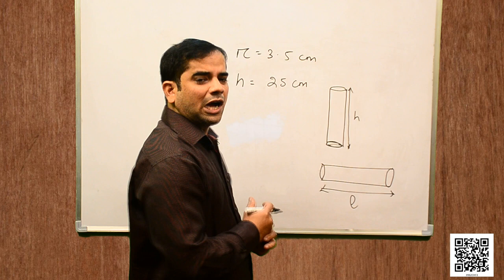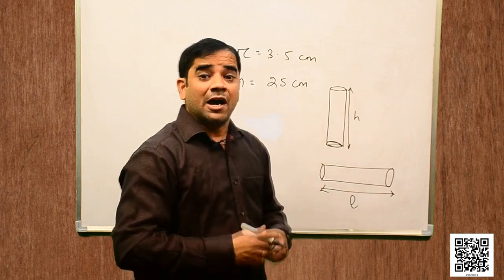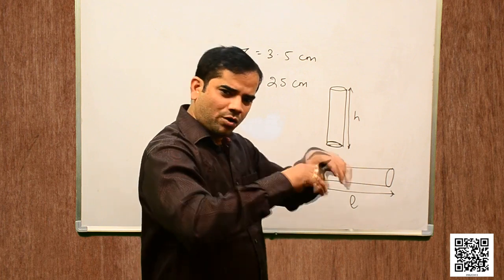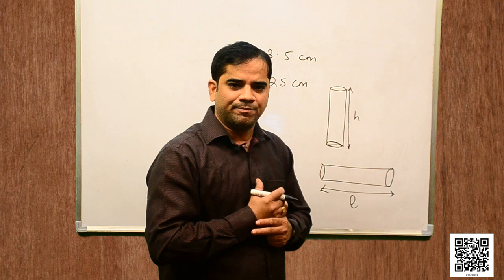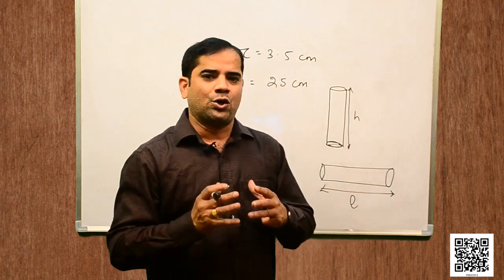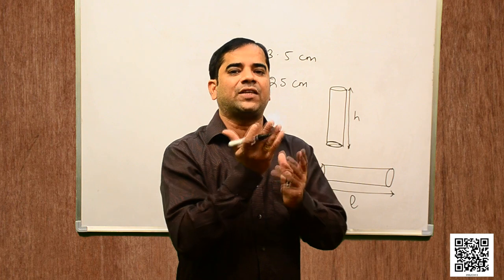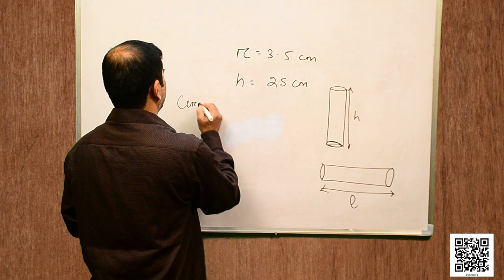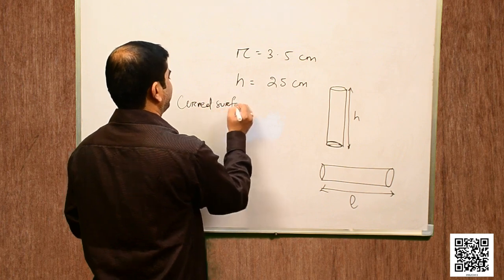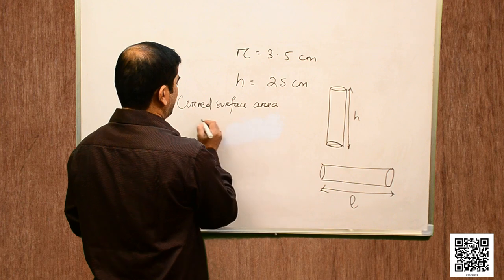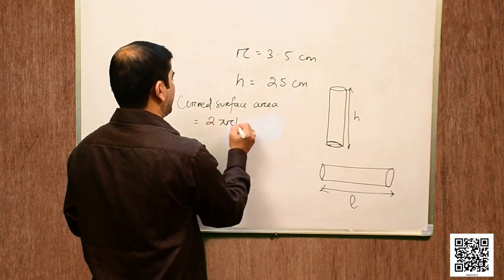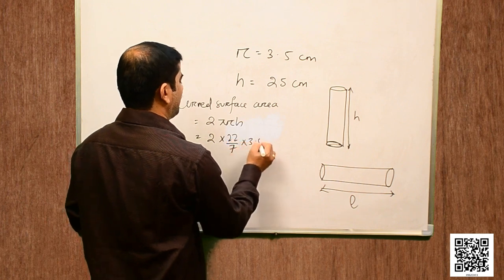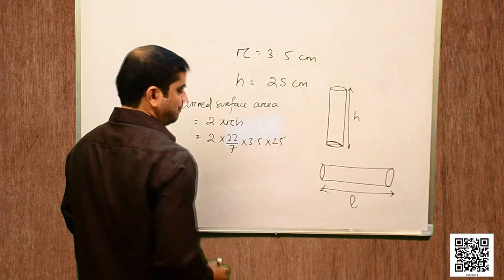Now the question demands the requirement of chart paper. Chart paper is rolled to make the cylindrical shape. Hence, we need to find out the curved surface area of the kaleidoscope. So curved surface area is equal to 2 pi r h, that is 2 into 22 by 7 into 3.5 into 25.